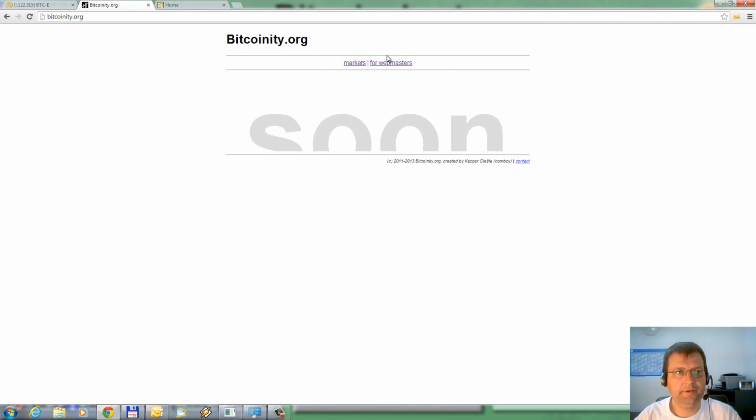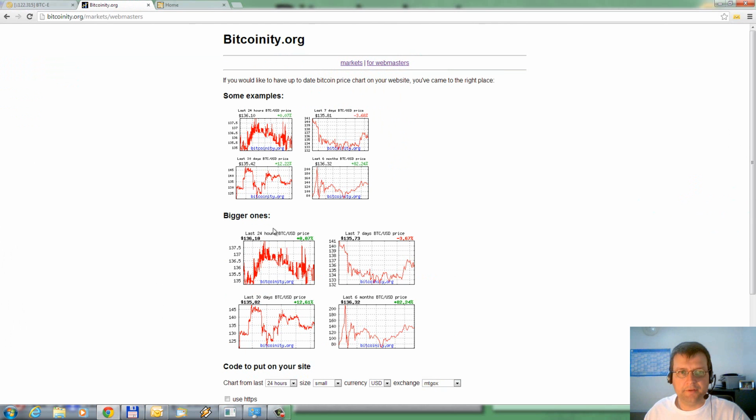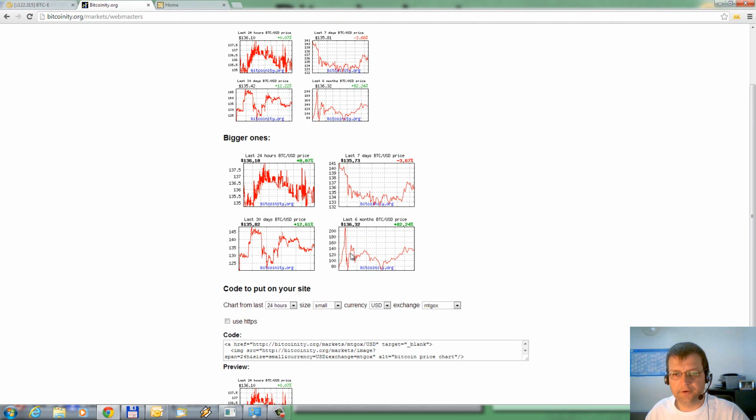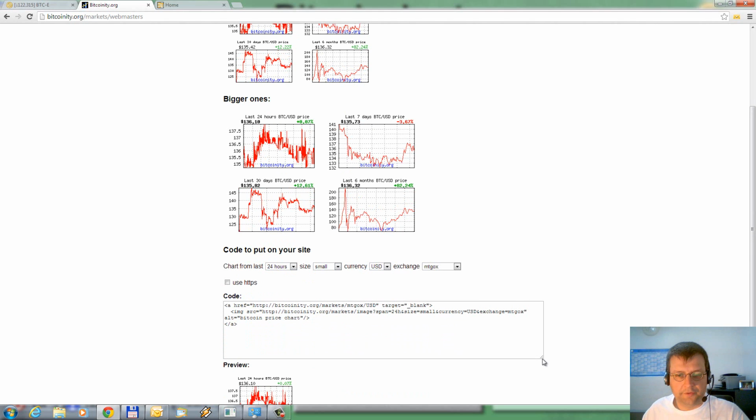The link to the right is for webmasters. You can select some of these options like the time window and the size and the currency and the Bitcoin exchange, and the HTML code will automatically generate in this window below.